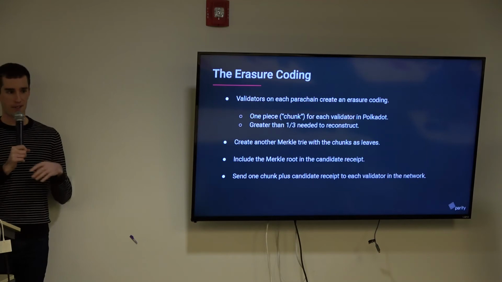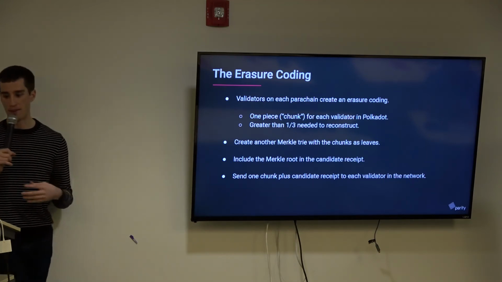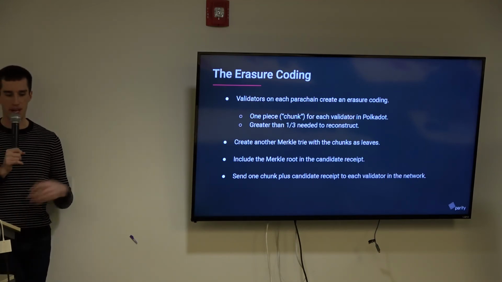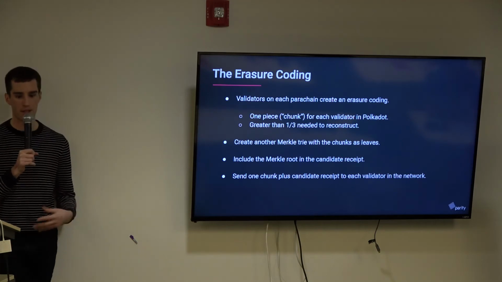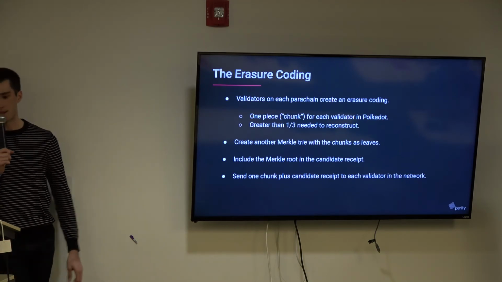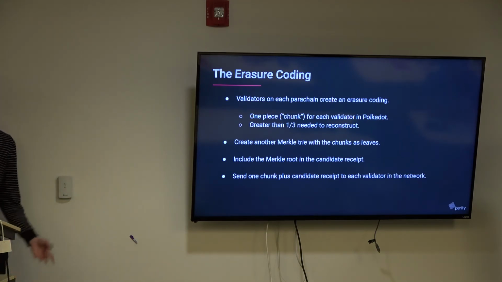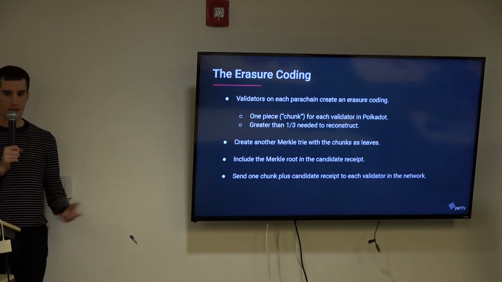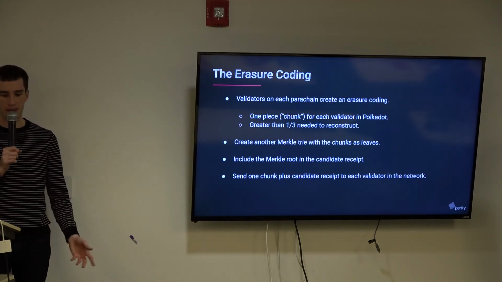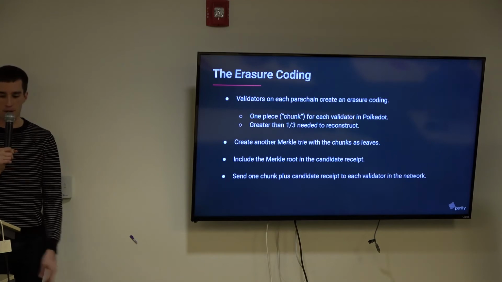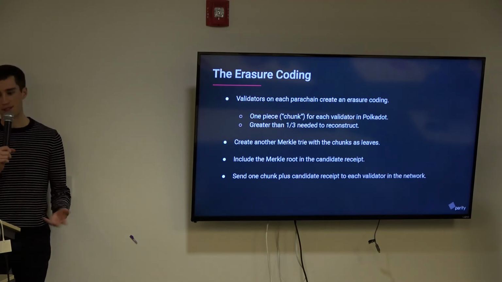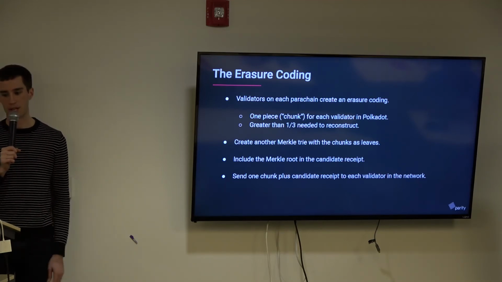You can configure this however you want. You could make it so that 1/10 of the messages can reconstruct the original. But the way we do it in Polkadot is that you need 1/3, which goes along with needing at least 2/3 of the validator set to be not malicious. So we say at least 1/3 is needed to reconstruct this.